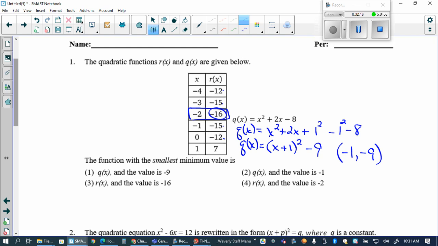So what is the minimum value of this function? Negative 9. What's the answer? The chart. 1, 2, 3, 4. 3. For sure. All right, 3.